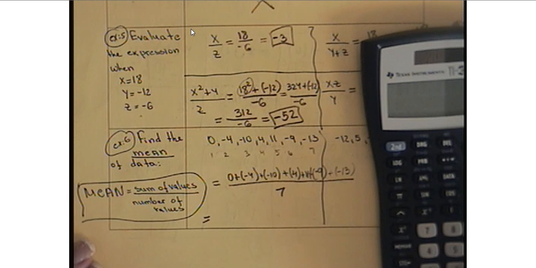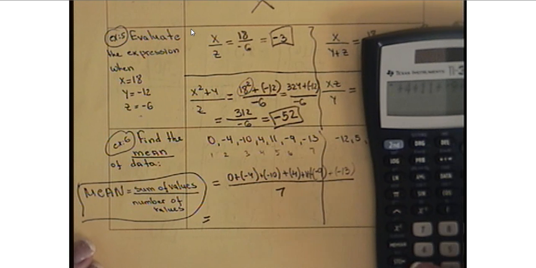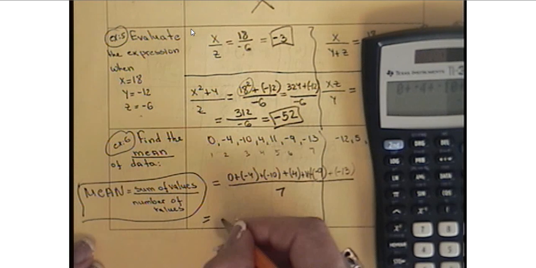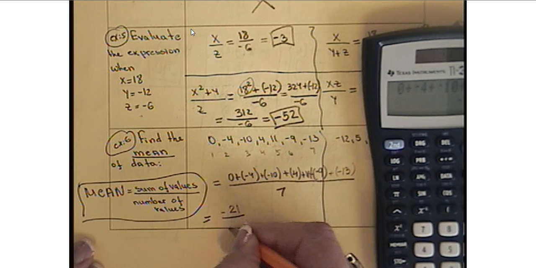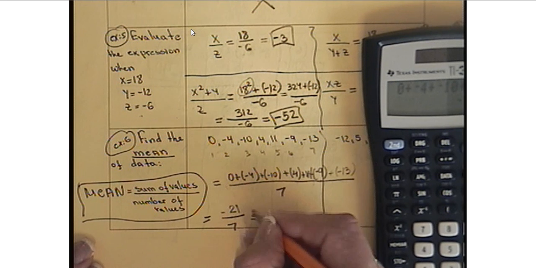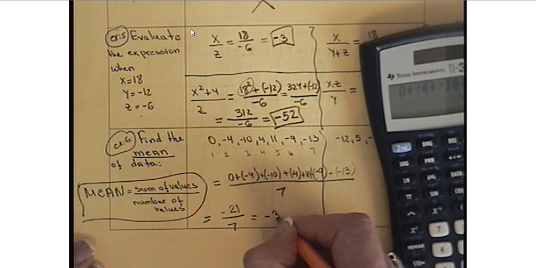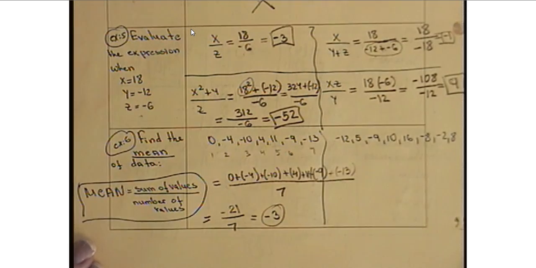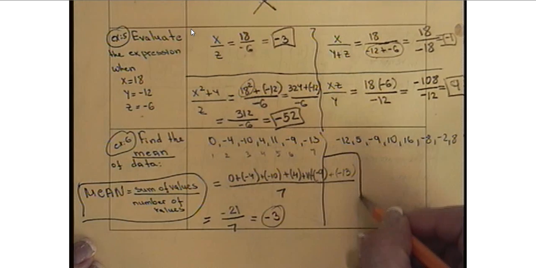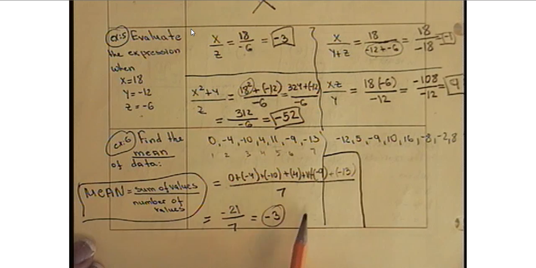So we have 0 plus negative 4, then plus negative 10 plus 4 plus 11 plus negative 9 plus negative 13. That will be equal to negative 21 on the top divided by 7. And negative 21 divided by 7 is negative 3. So the average score here will be negative 3. And I will just separate this example from the other one.